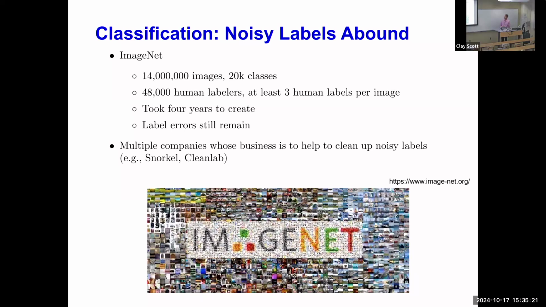Each image was labeled at least 3 times by a human, and I guess they took the consensus of the human labelers to label the ImageNet images. It took 4 years to generate all of those labels. Collecting the unlabeled data was relatively easy, but getting the labels is very labor intensive. And still, there are errors in that labeled data set.